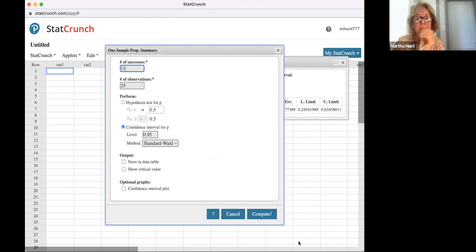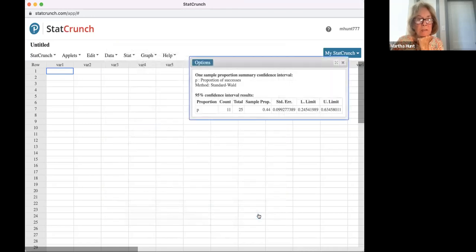Now you can see it, right? So I put in 11 successes, 25 observations, set it at 95%, and then I'm going to do compute. You can see this. So I've jotted down the 0.24 with a couple of decimal places, the 0.63 with a couple of decimal places, and we're going to go back.